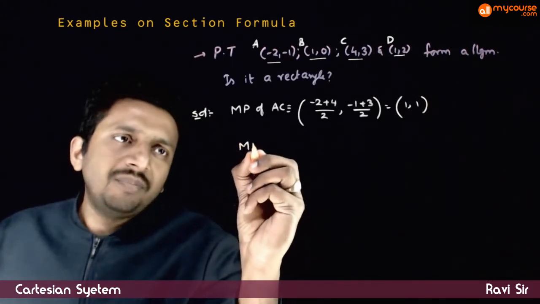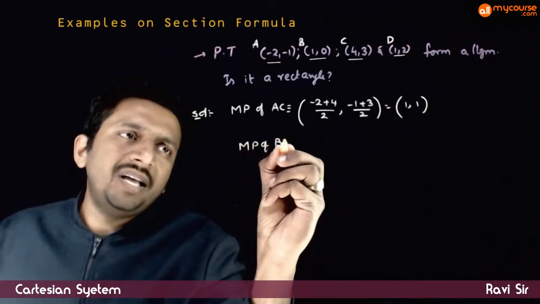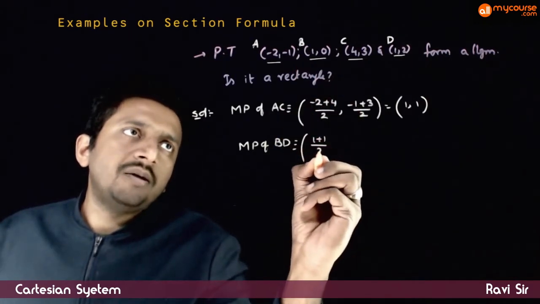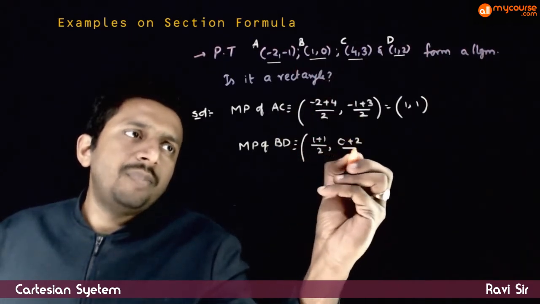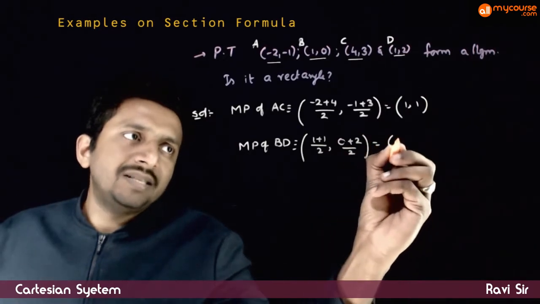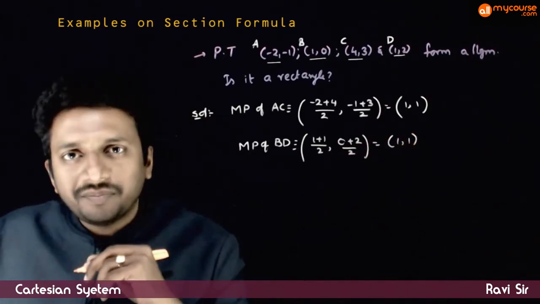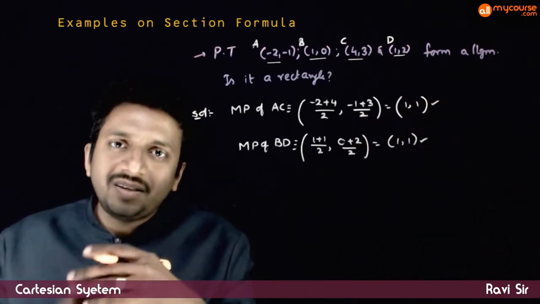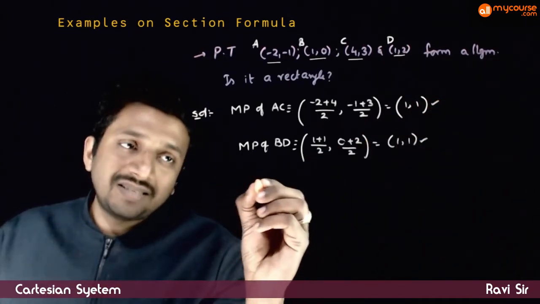What is the midpoint of BD? So (1 plus 1)/2, (0 plus 2)/2. That is equal to 1 comma 1. So the midpoint of AC is same as the midpoint of BD. That means diagonals bisect each other.